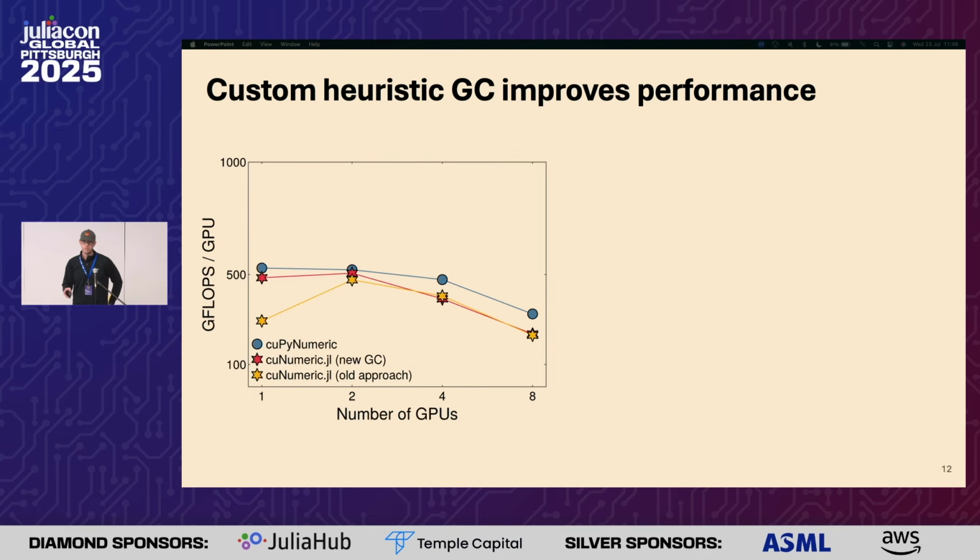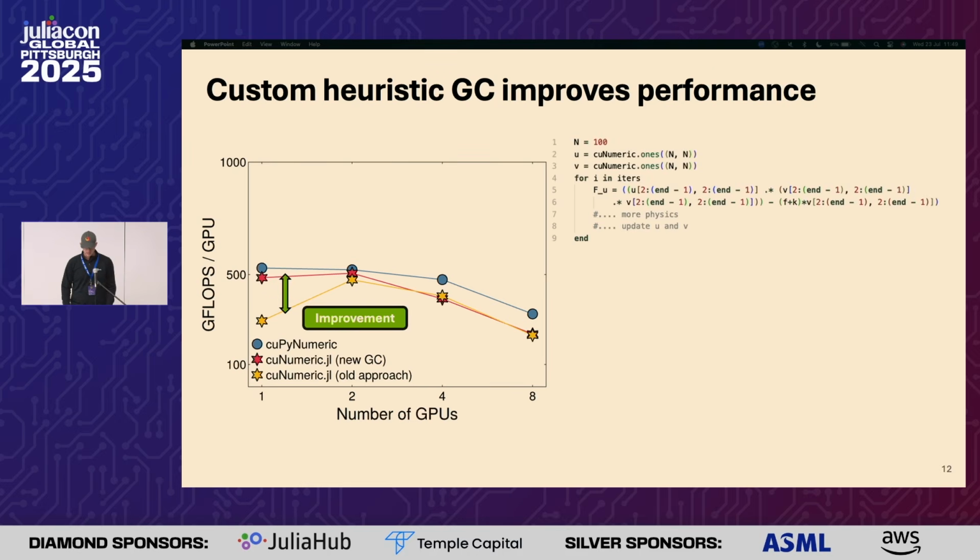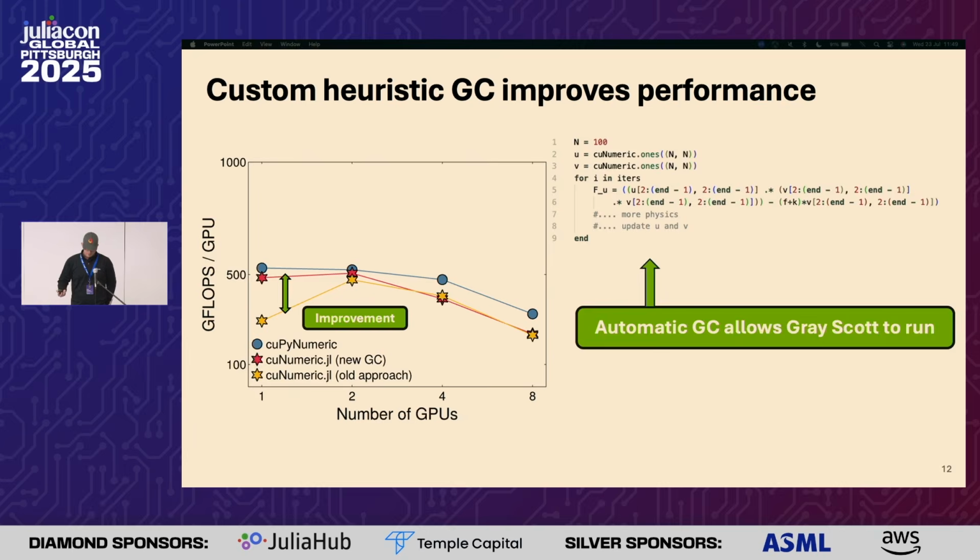On 1 and 2 GPUs, we are performing better and matching what cuPyNumeric does. However, when we scale, for some reason, which we're looking into as future work, we don't get exactly what we need to. So this is great that we have an automated way of running a garbage collector, but the issue here is we just don't scale as well as we need to.